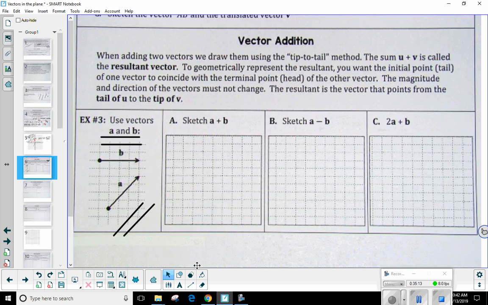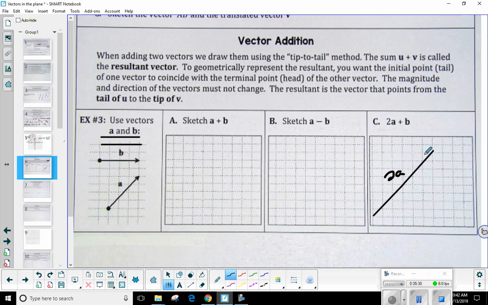Okay. In fact, let me go ahead and catch up to you. So both of these right here, you've already noticed, there's an A, there's an A. So I'm going to start by doubling A. I'm just going to put 2 together. So that is 2A. It's still going in the same direction. There's the terminal. But now I'm going to take B over here.